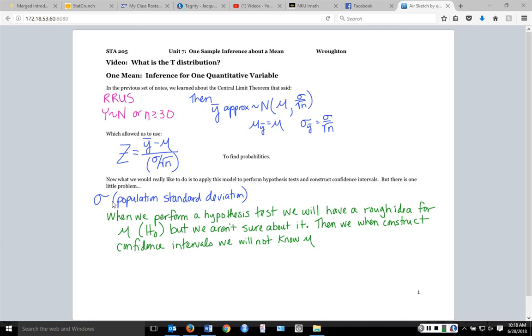Okay, why are we not going to know mu? Well, just as when we were working with a categorical variable, when our goal was to find p, the population proportion, I didn't know that value. I was trying to estimate that value. So we're not going to know mu when we're working with a quantitative variable because we're trying to estimate mu.